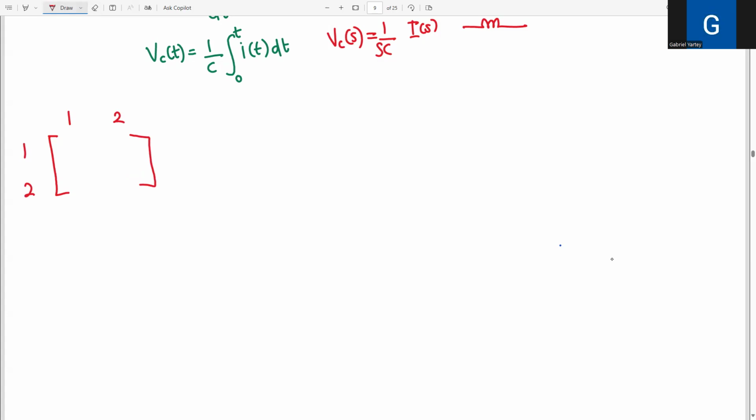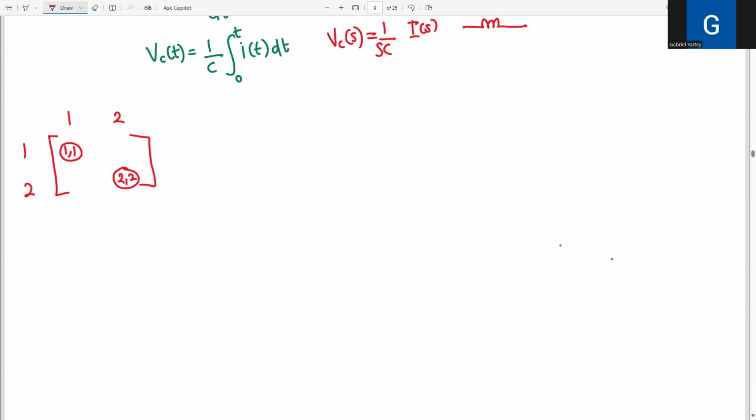And this particular index here, 1,1, is every impedance that is in the first mesh. And this position here, 2,2, is every impedance that is in the second mesh.